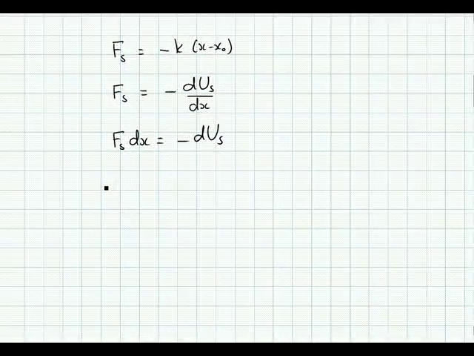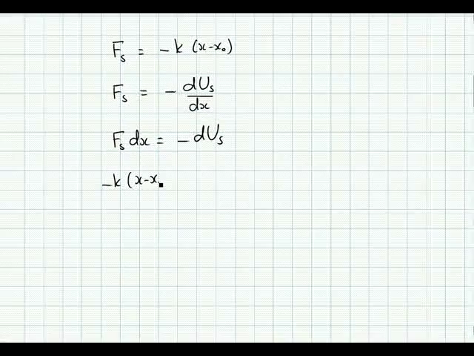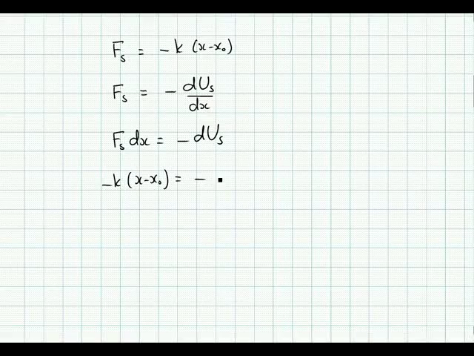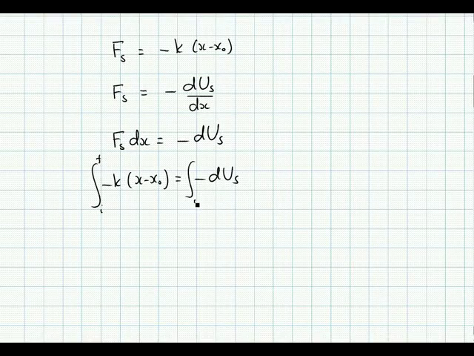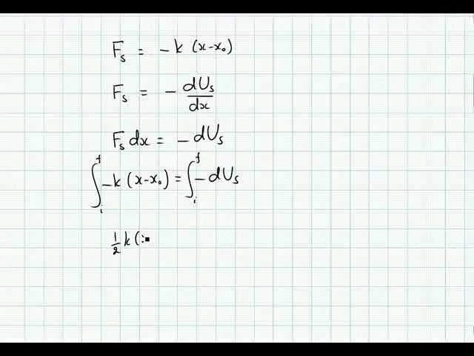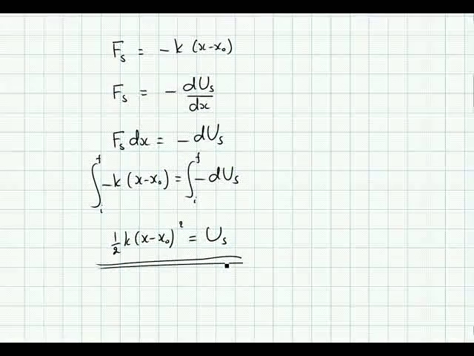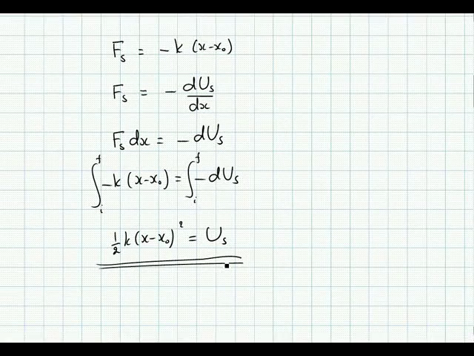Substituting for Fs, I have minus k(x minus x naught) is equal to minus dUs. Integrating both sides in between initial and final values, we end up with 1/2 k (x minus x naught) squared is equal to Us. That's the expression we had for the spring potential energy so far.